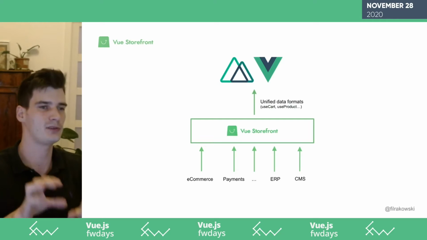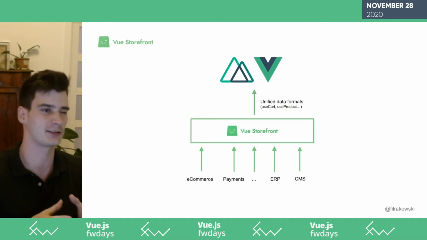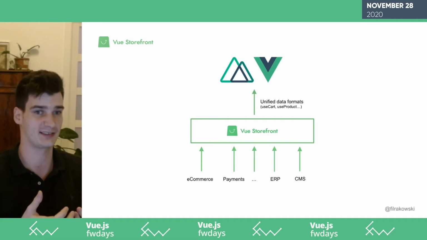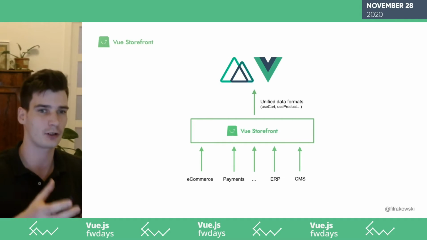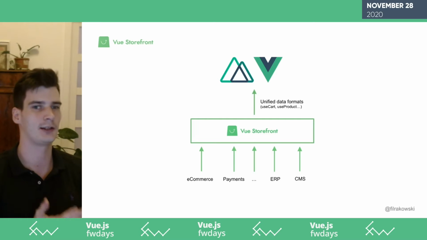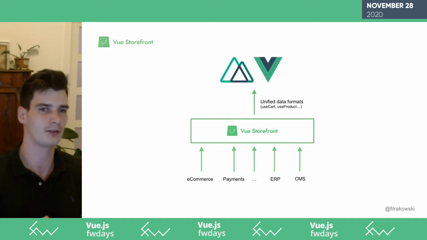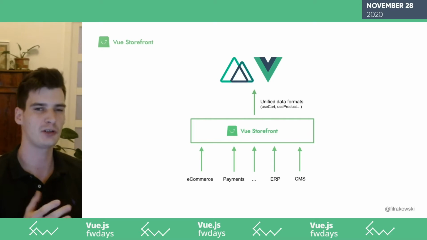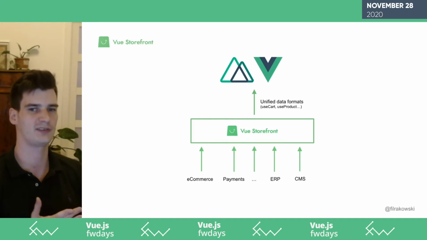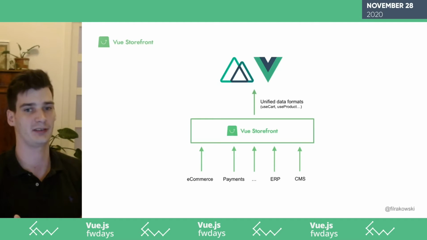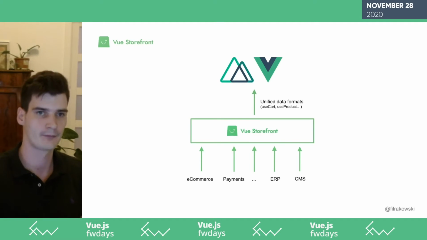So this super simple diagram basically shows the essence of Vue Storefront. It's a framework for building e-commerce frontends that connects with any e-commerce platform, CMS, ERP, loyalty platform, and any other platform that is usually present in an e-commerce shop. And we are using Nuxt for our default theme, but nothing is stopping you from using it in any other Vue environment, since this is a framework.